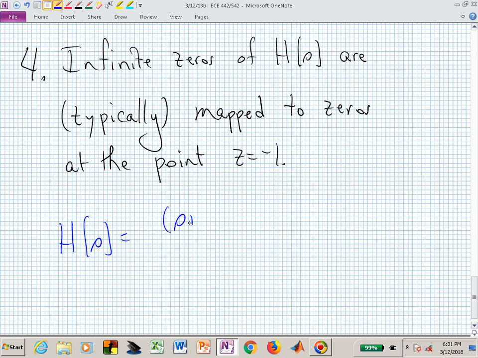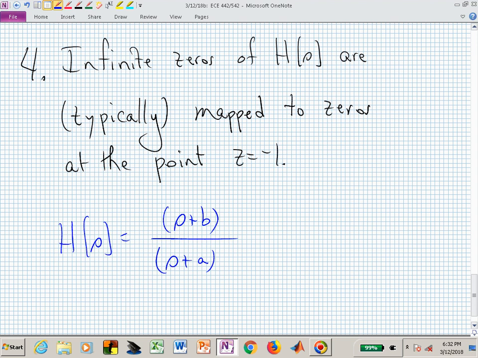Suppose I gave you (s plus b) over (s plus a). How many infinite zeros do I have? How many zeros at infinity do I have? I'm going to allow you 3 options: 0, 1 or 2.